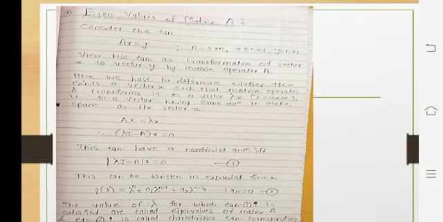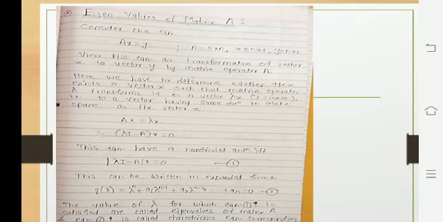Therefore, if we take lambda x to the left side and take x as common, we get (lambda I minus A) x = 0, where I is the identity matrix. Why is this I there?